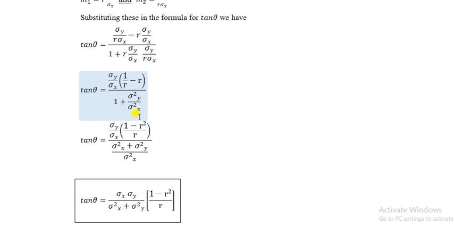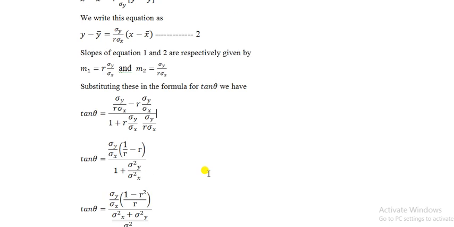Similarly in the denominator, 1 into sigma square x is sigma square x, plus sigma square y, whole divided by sigma square x. Here we cancel sigma y and sigma square x, and reversing this term, we get sigma x into sigma y whole divided by sigma square x plus sigma square y into bracket 1 minus r square divided by r.